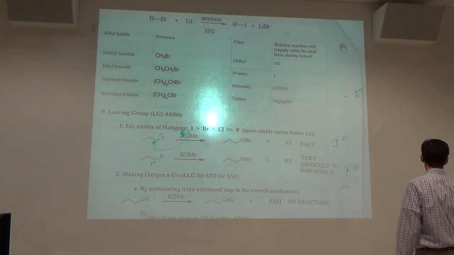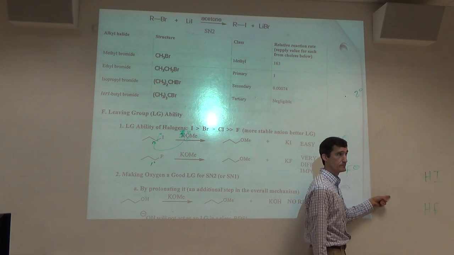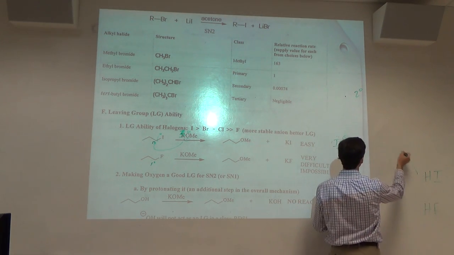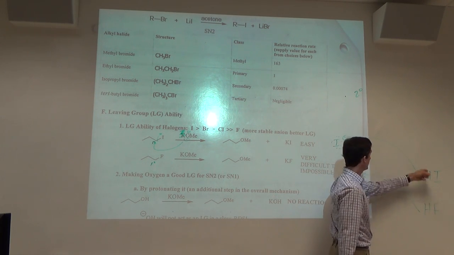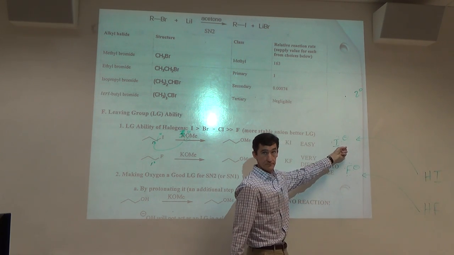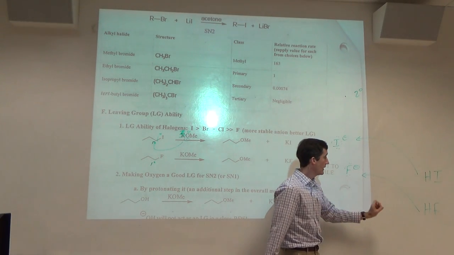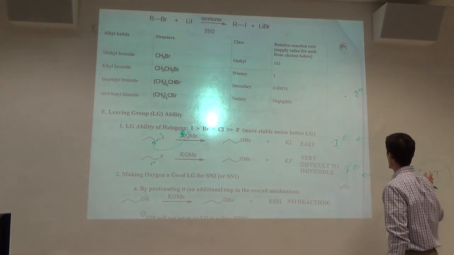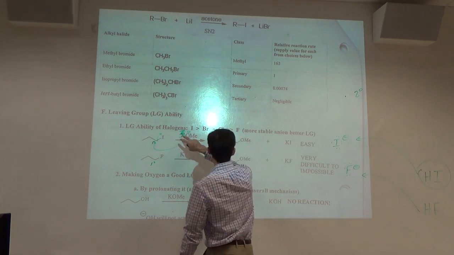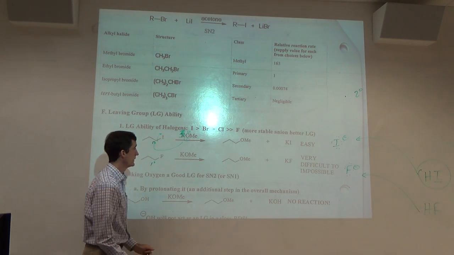Which is more acidic, HI or HF? HI. Stronger acid. I minus is more willing to form.